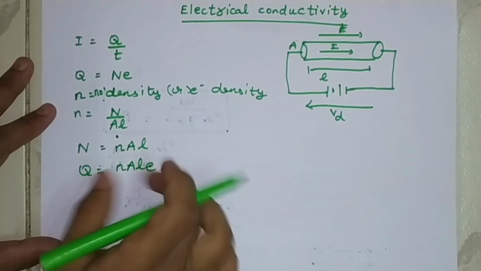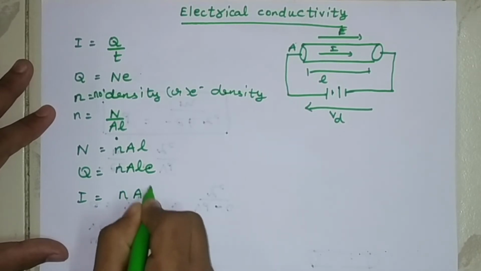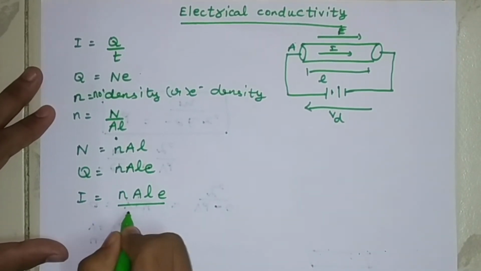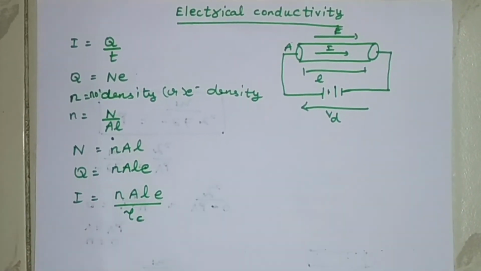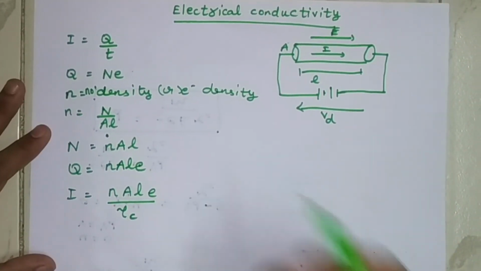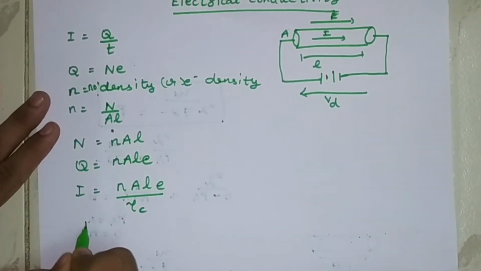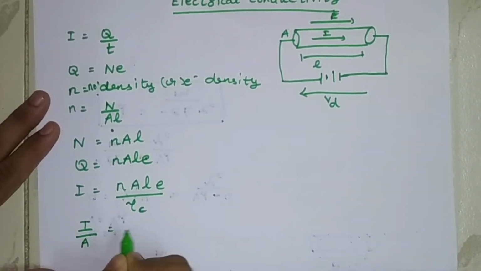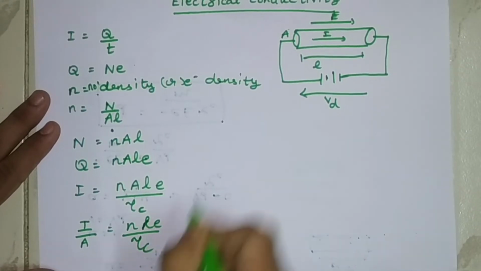So substitute this in the I formula: I equals nALe by tau c. Here we consider tau c as the collision time, as I already mentioned in the definition. Taking this A term to this side, I by A equals nLe by tau c.